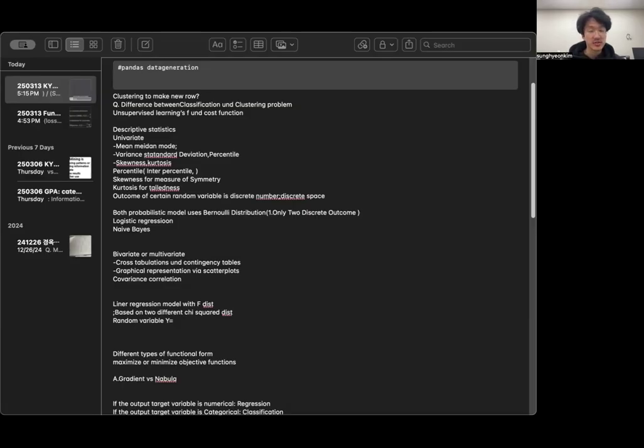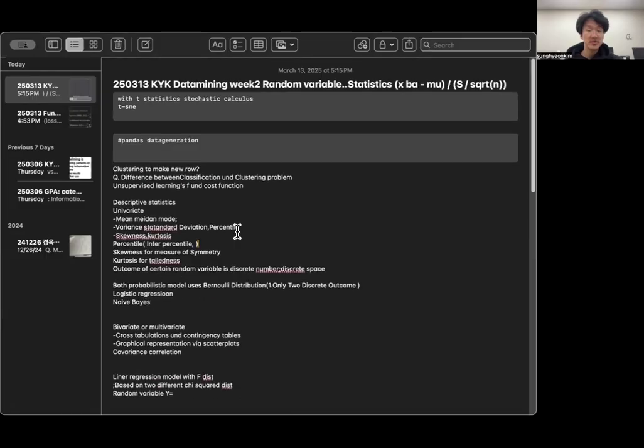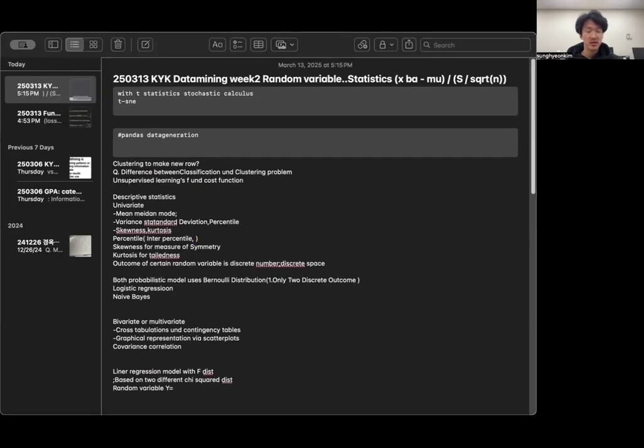And there are continuous distributions. In continuous distributions, there is the t-distribution, which uses the sample data's standard deviation, instead of what the standard normal distribution has.